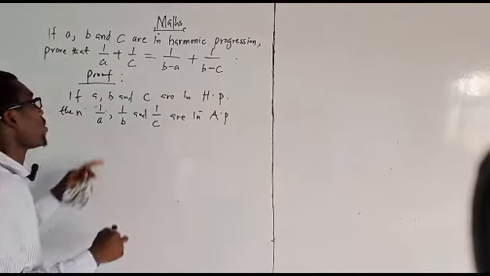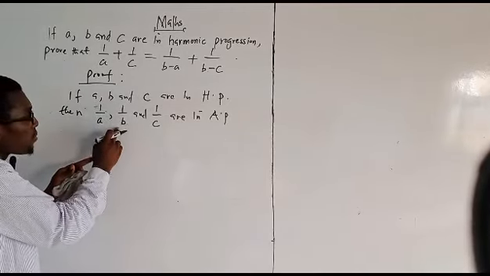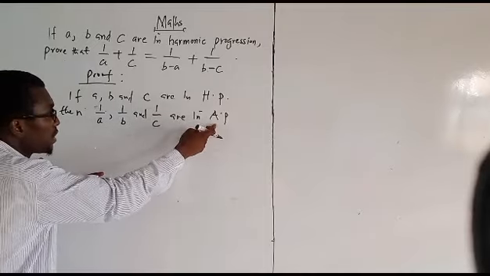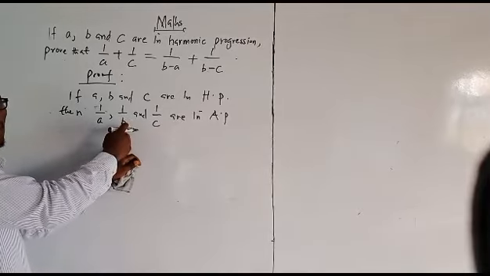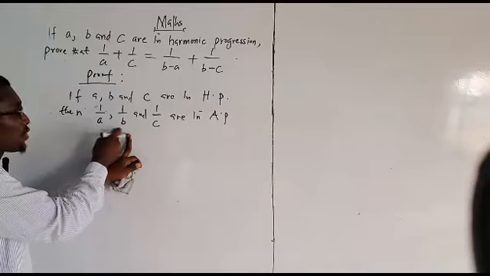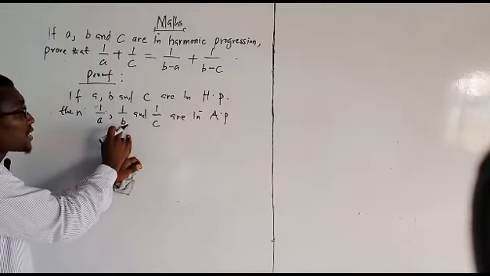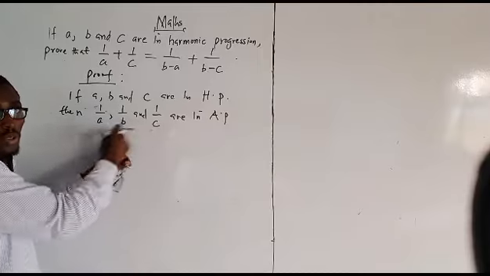All right? Now, since these three numbers, 1 over A, 1 over B, and 1 over C, are in AP, it follows that 1 over B is the arithmetic mean of these two extreme numbers, because these are consecutive terms in an AP. So the middle number is the arithmetic mean of the two extreme numbers.